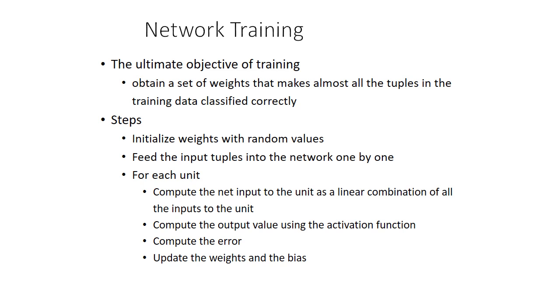After applying the weights and the input values, we will see how the linear combination works. Now we are going to use some activation function. There are different types of activation functions that we will see in the next class. Now compute the error. If there is some error, then you have to go back and train the model again with different weight values. Compute the error and then update the weights and the bias.